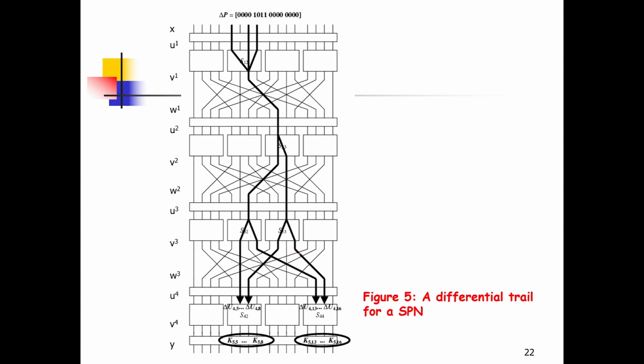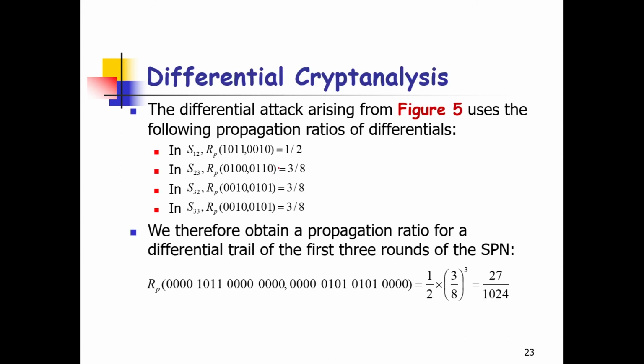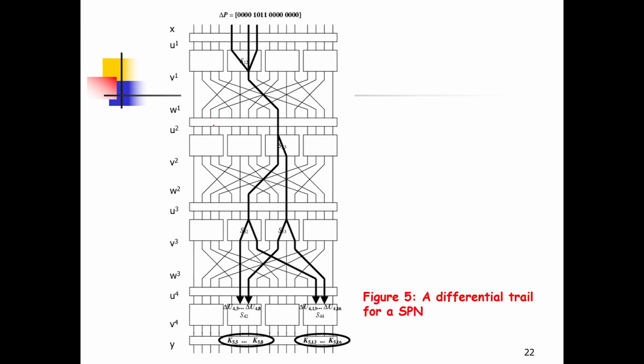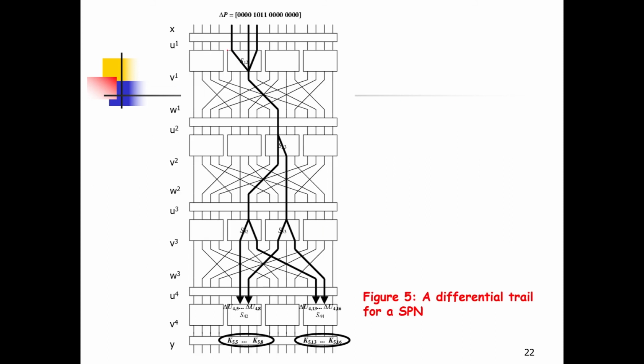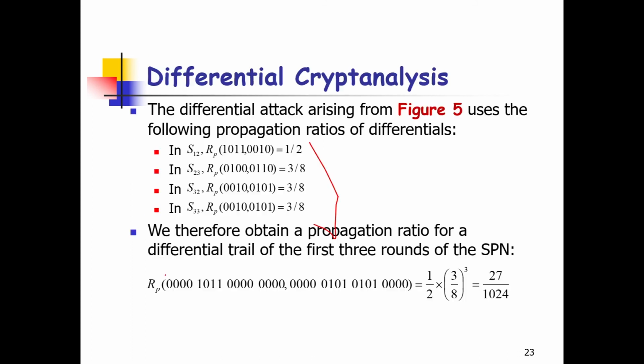Say in figure 5, this particular case is the differential trial for the SPN. Now, as I have discussed with this formula, we can calculate each step's probability from here to here, from here to here, and so on. Like this is shown here. Now, to find the probability of the full system, we should multiply them.